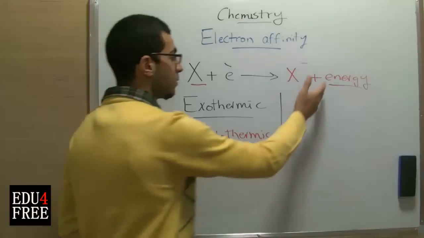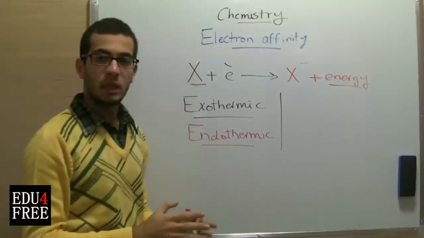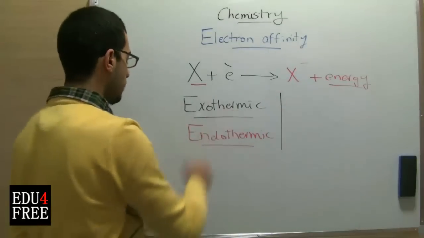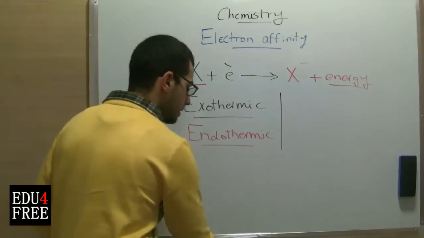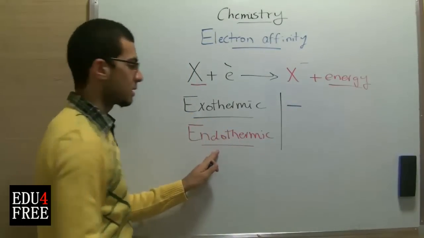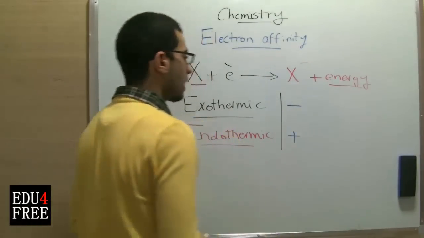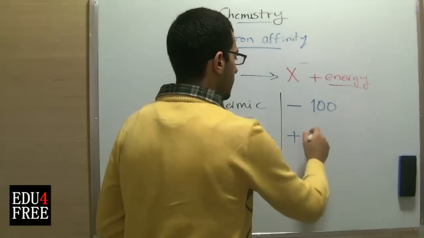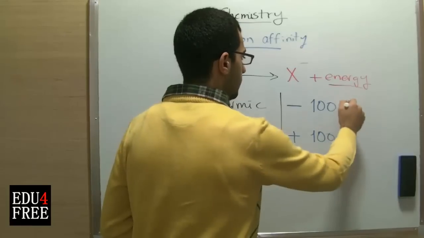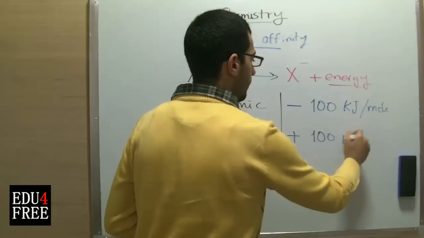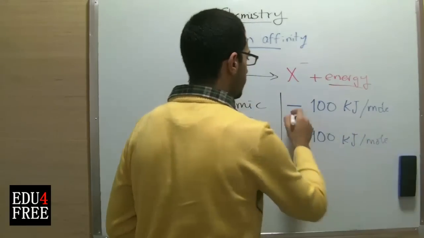Now, this heat which is produced has a quantity and has a sign. The sign of the heat produced in exothermic reactions is negative, while the sign in endothermic reactions is positive. So for example, we have an amount of heat, and the difference between them is the sign.